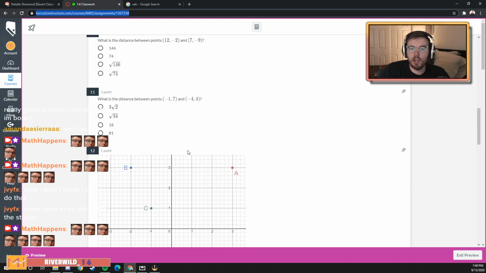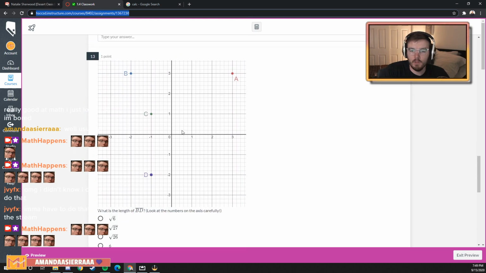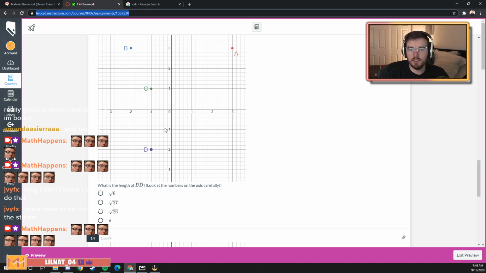There's literally no surprises when it comes to the distance formula. The main thing these problems with Desmos were getting at is that you shouldn't be afraid to use the Pythagorean Theorem. This says the distance between B to D. You shouldn't be afraid to look at this and go, oh, I see a triangle here that is 1 wide and 1, 2, 3, 4, 5 tall.